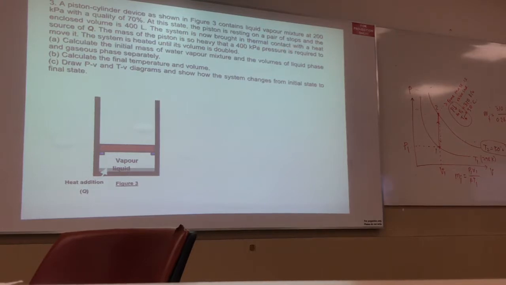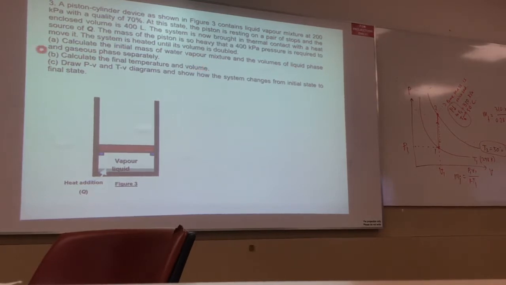The mass of the piston is so heavy that 400 kilopascal pressure is required to move it. The system is heated until the volume doubles. A. Calculate the initial mass of the water vapor mixture and the volumes of the liquid phase and gaseous phase. B. Calculate the final temperature and volume. C. Draw PV and TV diagrams and show how the system changes from initial.